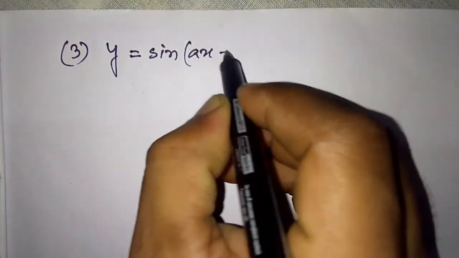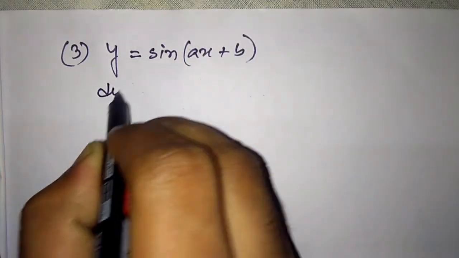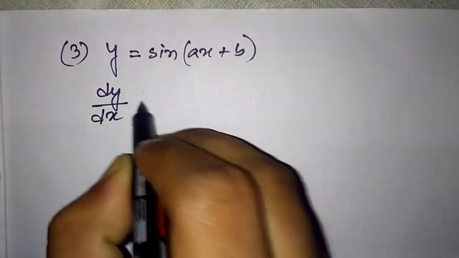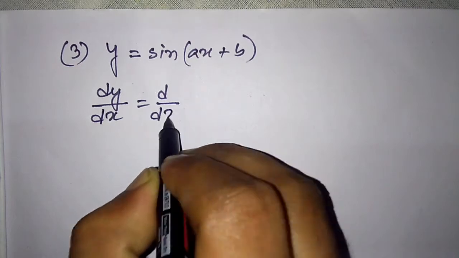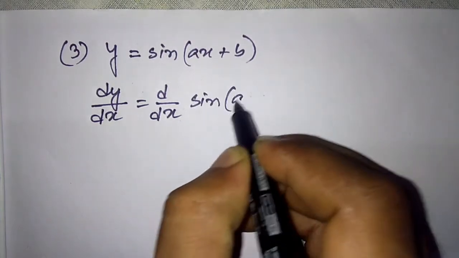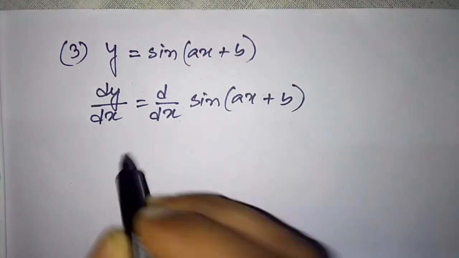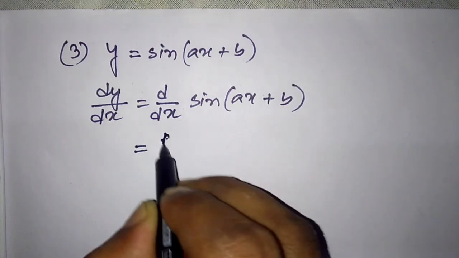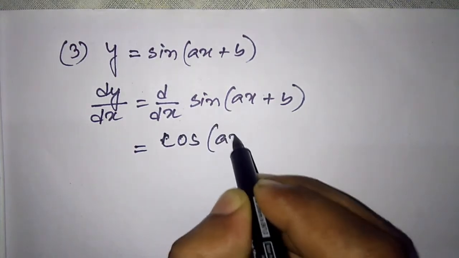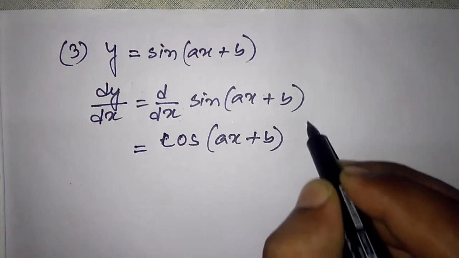Let's see question number 3. The question number 3 is given y is equal to sin(ax plus b). Derivative of y with respect to x is dy/dx and d/dx of sin(ax plus b). The derivative of sin x we know is cos x, so cos(ax plus b).